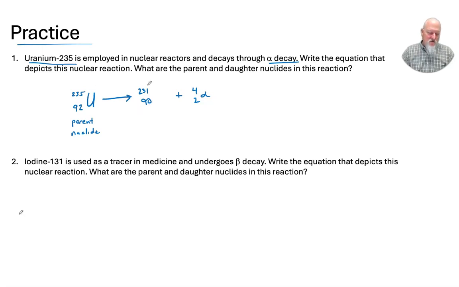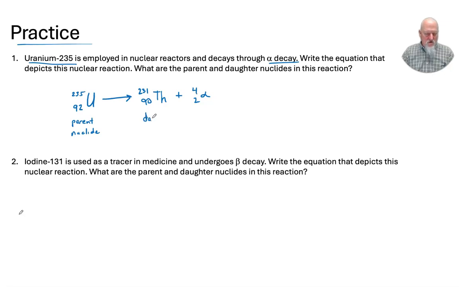Okay, so if I look at what this element is, it's got an atomic number of 90. So I'm going to go to the periodic table and look up 90. And 90 is thorium. It's Th. So I'm going to write Th here. So the decay process for uranium-235 is going to produce an alpha particle and thorium-231.